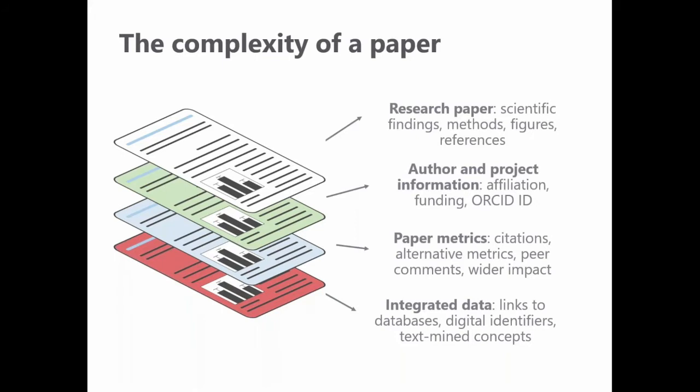Apart from that, you have author information, funding information, and affiliations of the authors, and also metrics behind the paper in terms of citations, if there are any comments, what wider impact the paper has, and also the links to various databases and what sort of concepts are described in the paper.